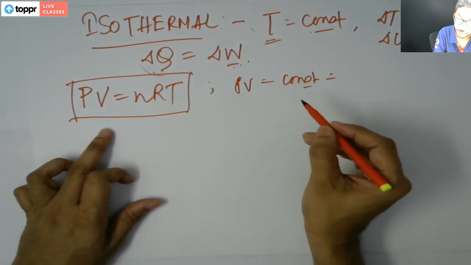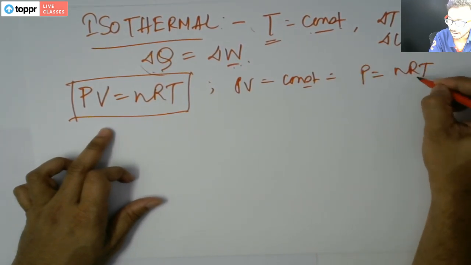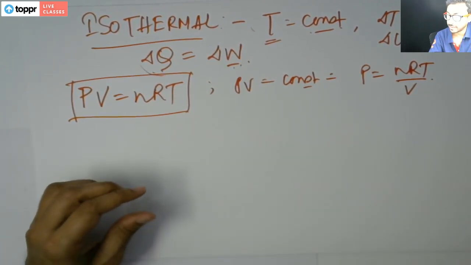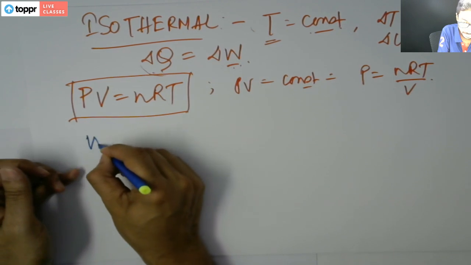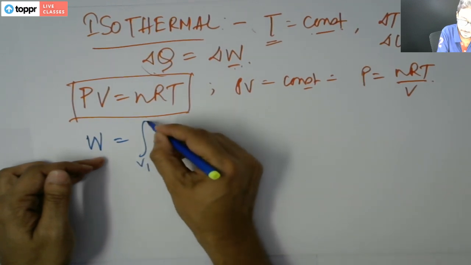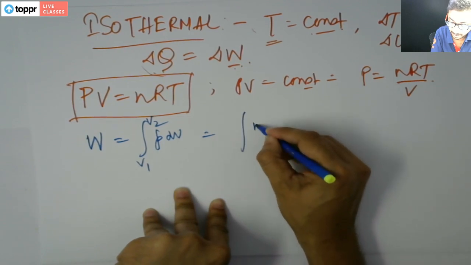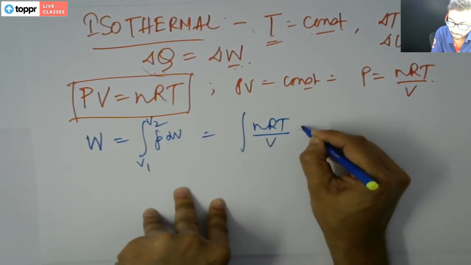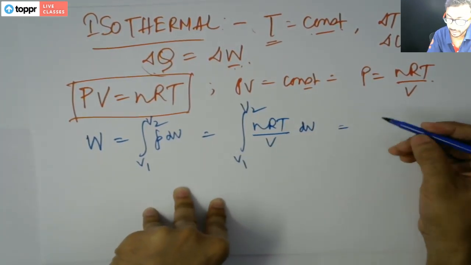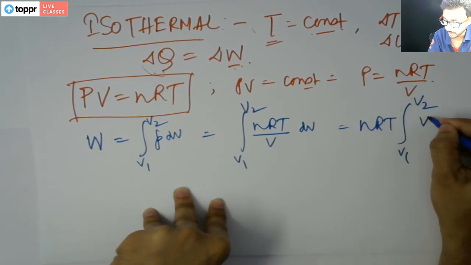So we can write P in terms of V, that is nRT by V. So we can calculate the work done, the integral of P dV from V1 to V2. The value of P is nothing but nRT by V, so the integral of nRT by V dV from V1 to V2. That is, nRT comes outside, with limits V1 to V2.